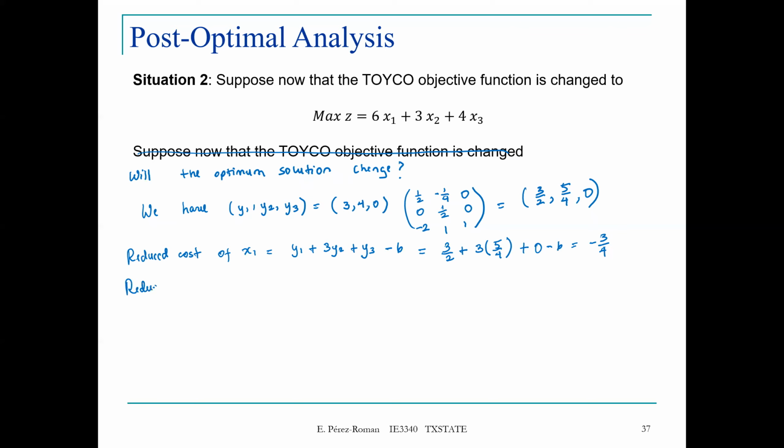The reduced cost of x4 is going to be equal to y1 minus 0, which is 3/2. And the reduced cost of x5 is y2 minus 0, which is 5/4.